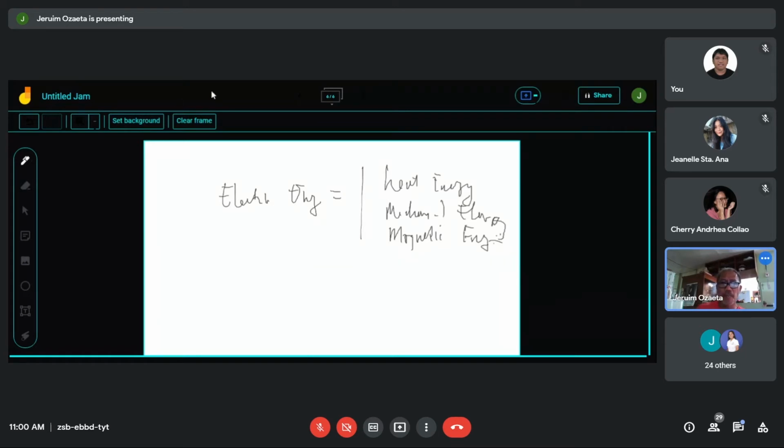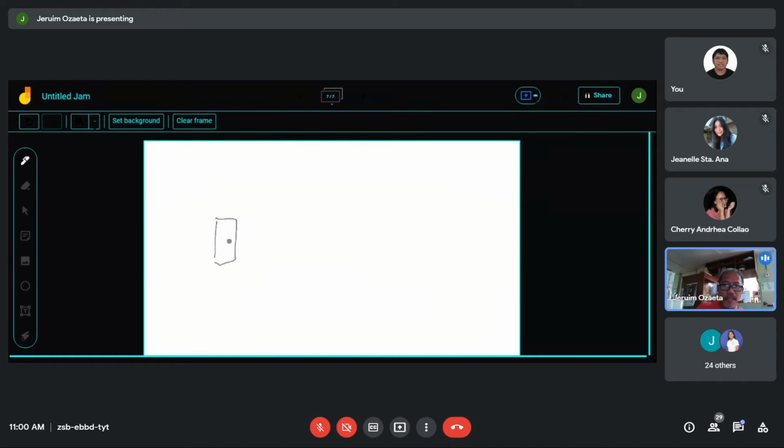Now, as I've said, since the flow is determined by the potential difference, the flow of current is determined by the potential difference that is present at the source of the charge.